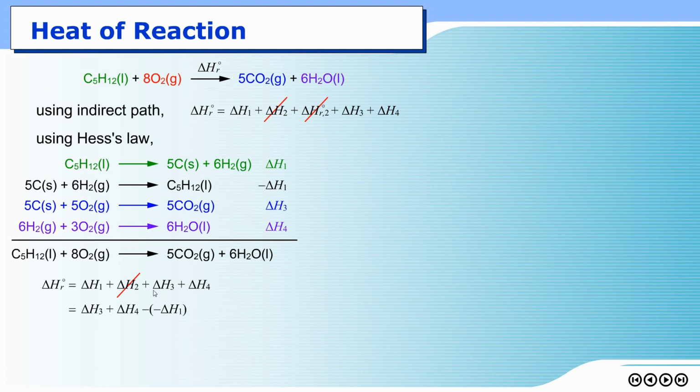If I take delta H3 and delta H4, which belong to the products of this reaction, I write them first, and then I write the reactant down here. So I can rearrange this equation to be delta H3 plus delta H4 subtracted by minus delta H1. That's still equal.